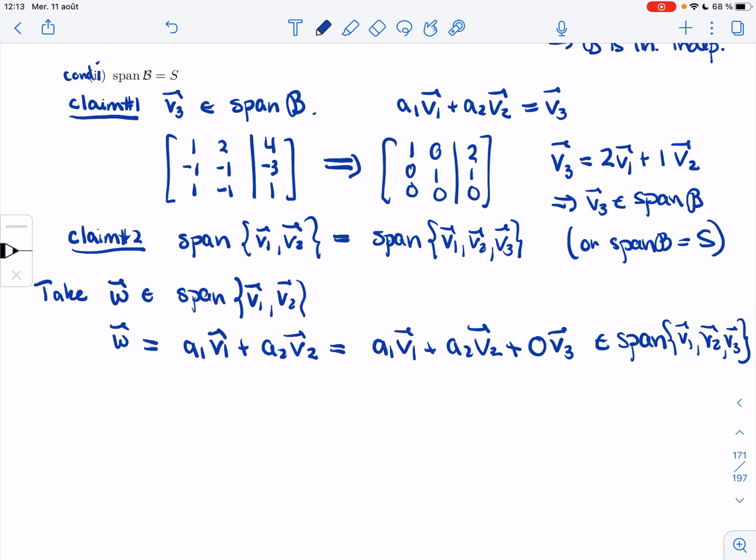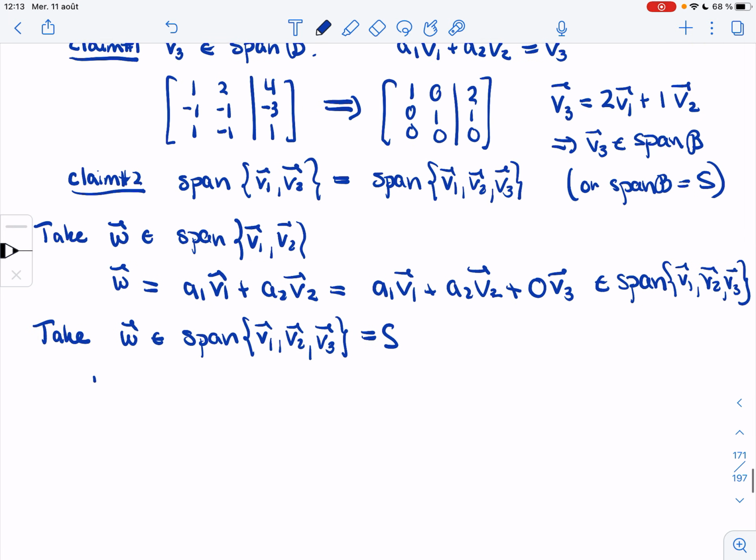Now we're going to take the other direction. So let's call it W again. I'm going to take W in the span of V1, V2, V3. That is S. So anything in S, then W, it's in the span of these three, so I can write it as a linear combination. I want to write it as a linear combination using only V1, V2.